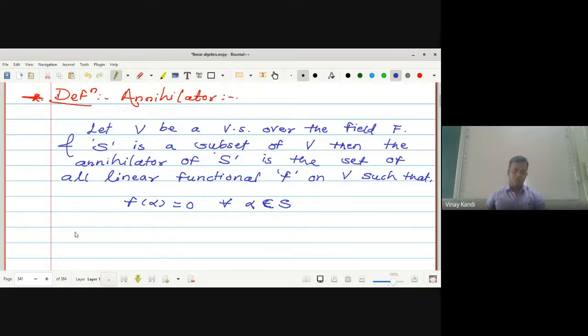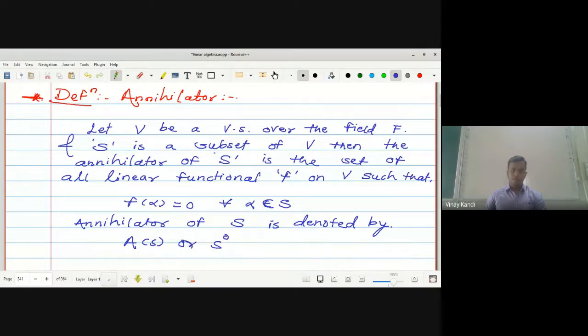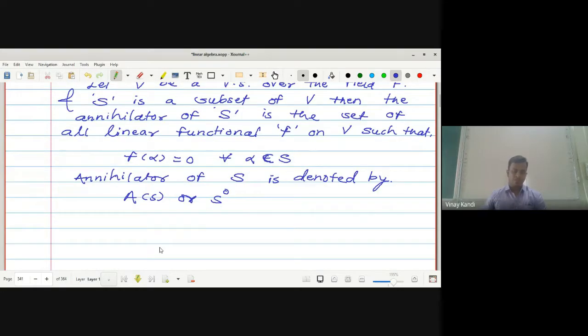Okay, and the annihilator of S is denoted by A of S or S dot. So what is the annihilator of S?